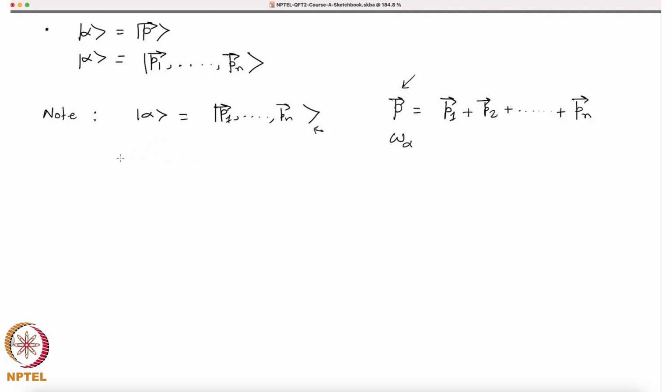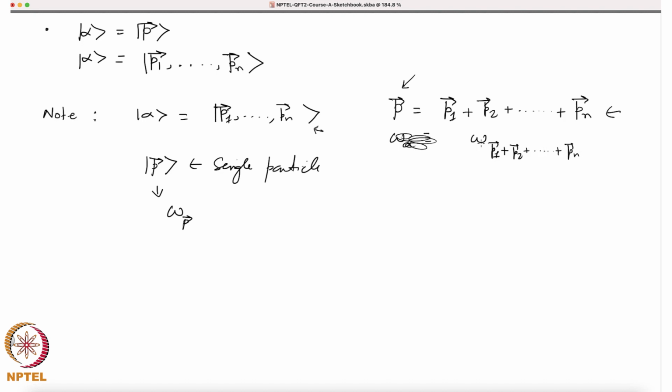So if you had another state which is this, a single particle state, let's say its corresponding energy is omega P. And for this multi-particle state, let's say the energy is omega, a temporary notation just to help me in telling what I am saying.